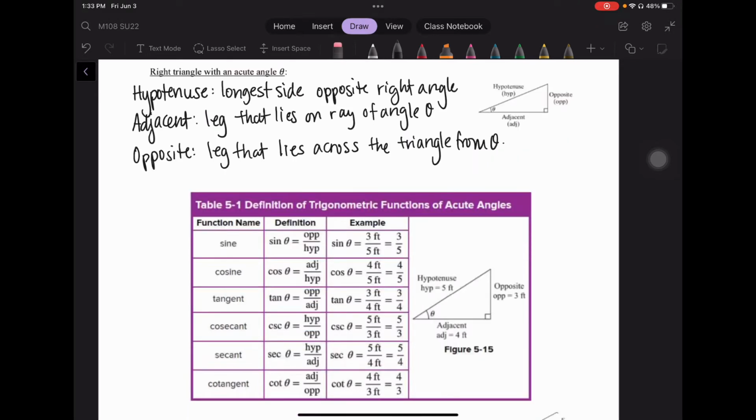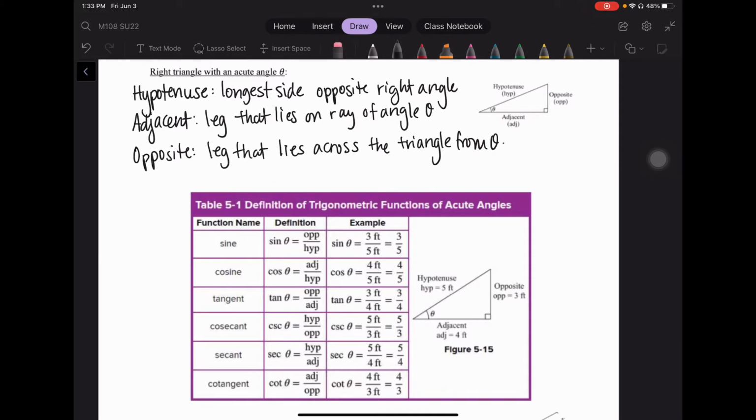We're going to abbreviate hypotenuse with HYP or H, opposite with OPP or O, and adjacent with ADJ or A. There are 6 trigonometric functions that hopefully you're familiar with. They are sine, cosine, tangent, cosecant, secant, and cotangent.